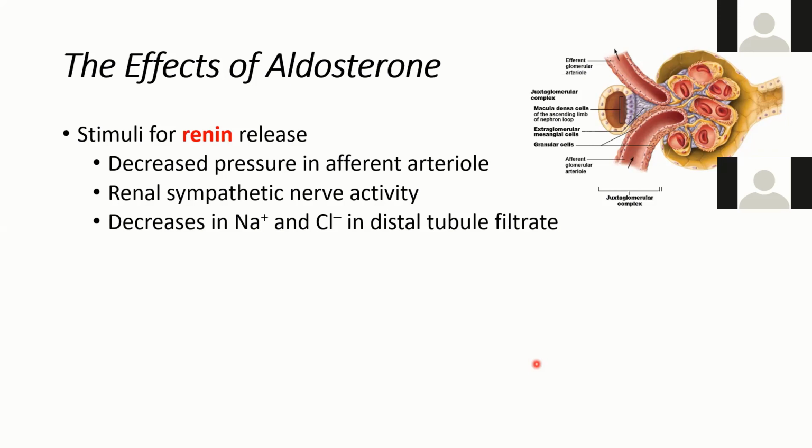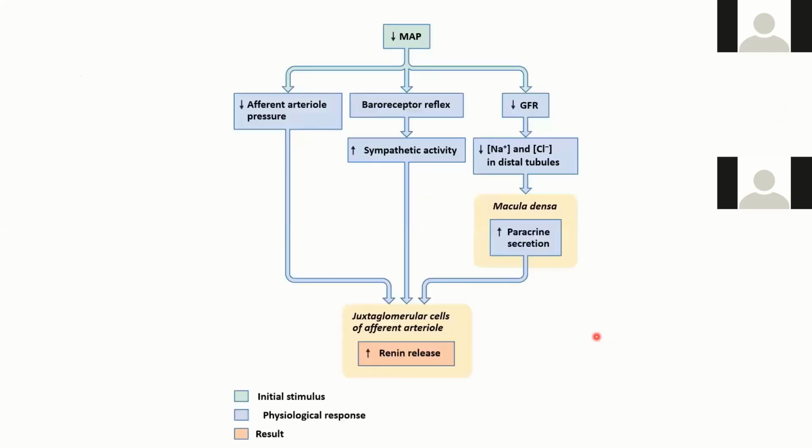And there are decreases in sodium and chloride concentration in distal tubule filtrate, which is a response to low blood pressure, because low blood pressure means a low glomerular filtration rate, but because we have active pumping of these solutes into our medulla in order to keep the osmolarity of the medulla up, that lowers the concentration of those ions in filtrate. So that's another way we can sense that we have low blood pressure.